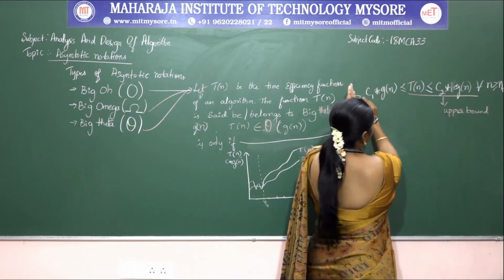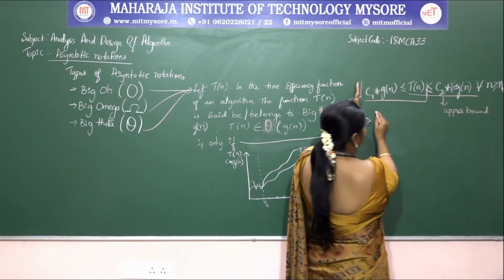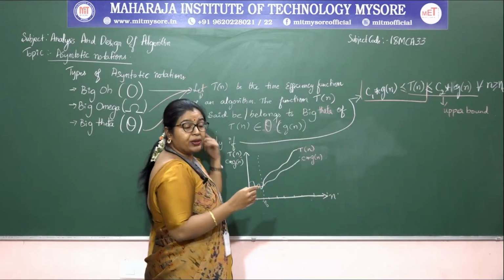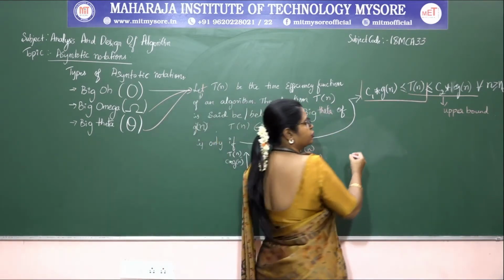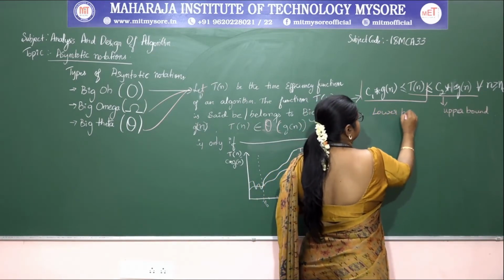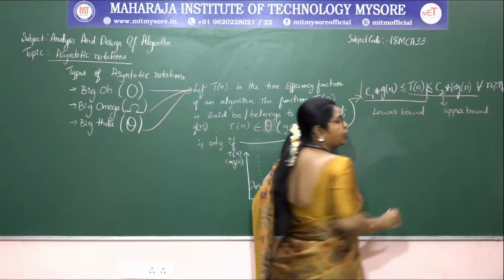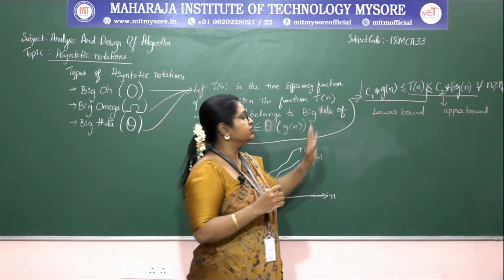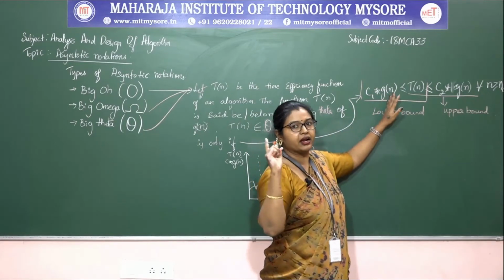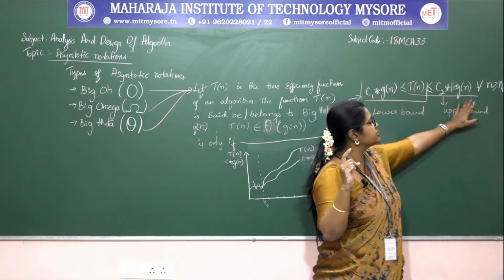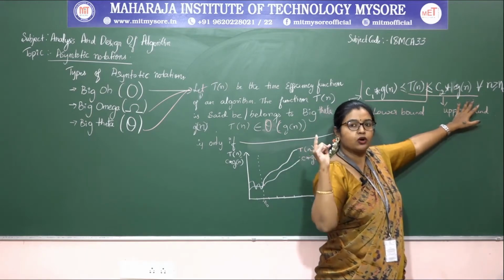So if you consider this other part, T of n is greater than this one, so the big omega notation whatever we have used is for the lower bound. So in order to represent the algorithm efficiency in terms of the lower bound, we go for big omega, right? So this will be the lower bound and this is the upper bound.